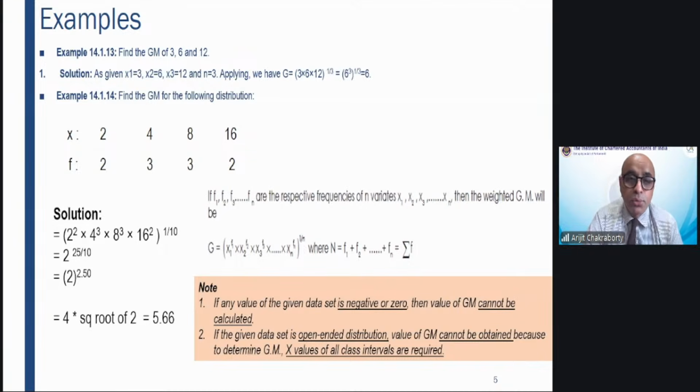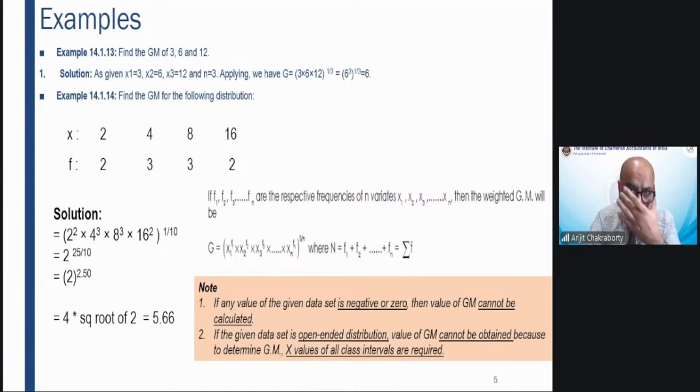So these are two important constraints, limitations, and we need to be careful that if in any problem we find, in a given scenario, that one of the variables is negative, that is, less than 0, or it is equal to 0, then GM, geometric mean, may not be the appropriate or the right measure of central tendency.